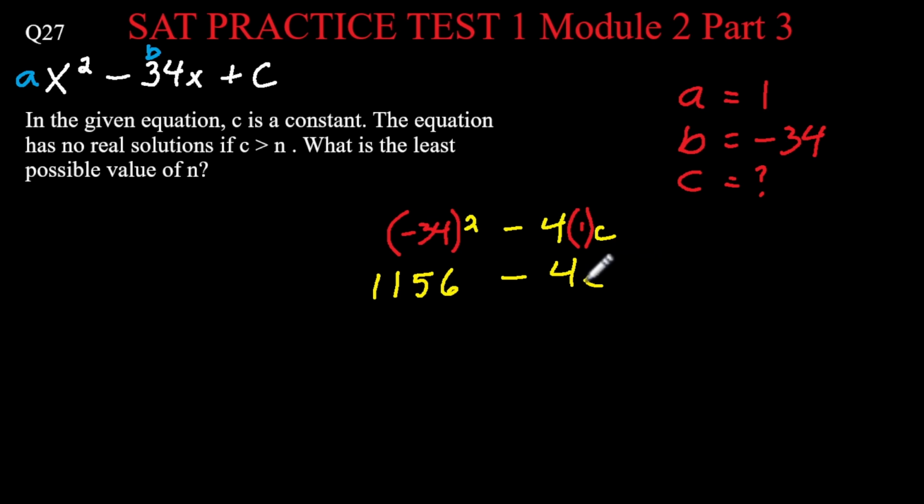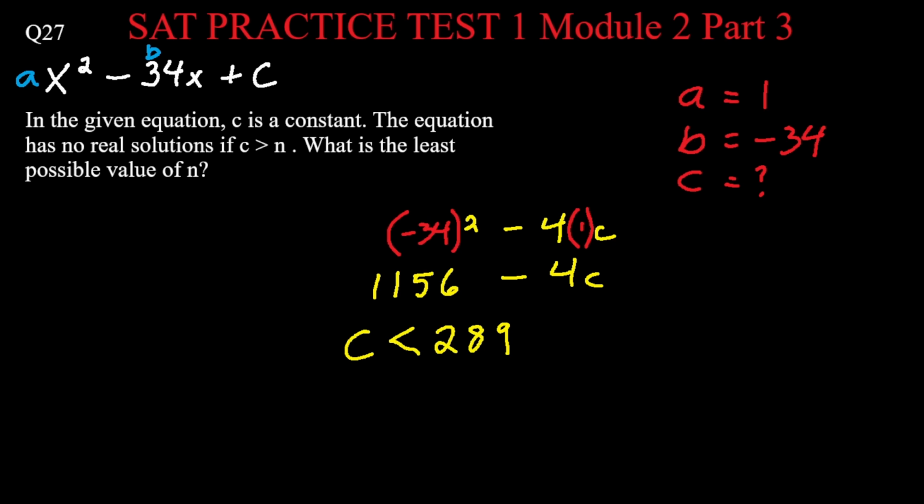So c times what number would give me 1156? If I divide 1156 by 4, I get 289. So c must be smaller than 289, because if I use a number bigger, then this entire value would become negative under the radical, and the discriminant would then be a negative number, and we can't have that.